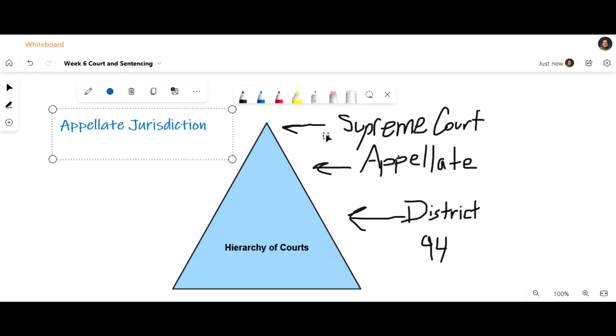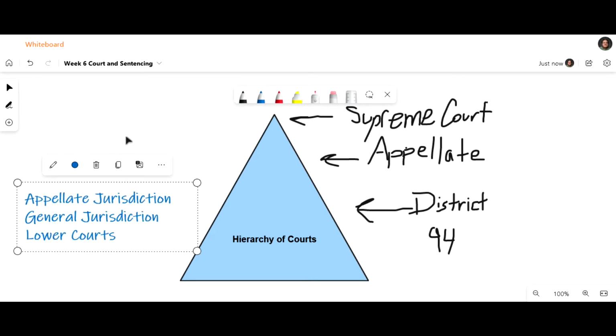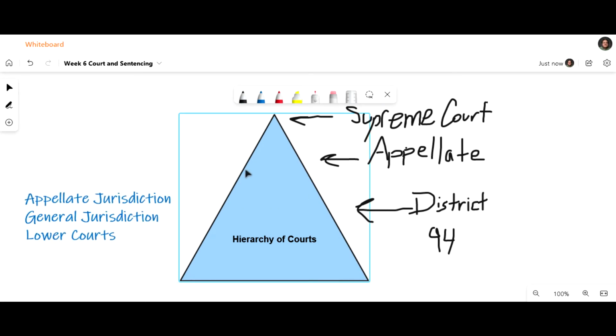We have general jurisdiction, and we have lower courts. This is the breakdown for the state levels. Obviously, in PA, as we've talked about before, we have Commonwealth Court.